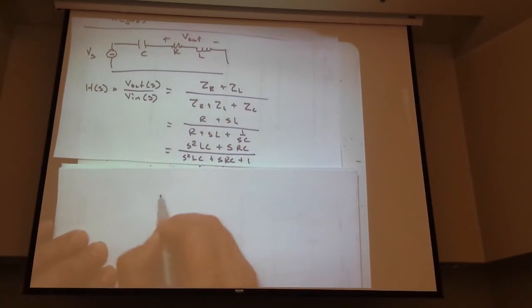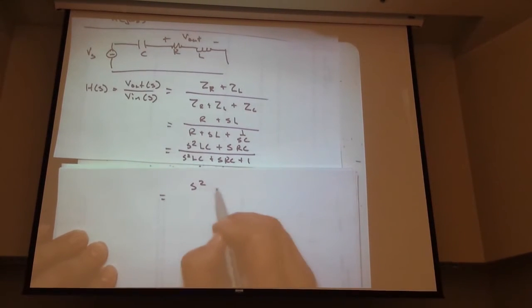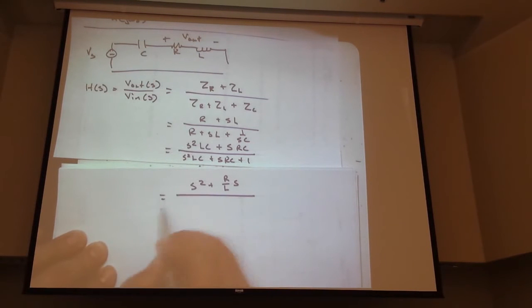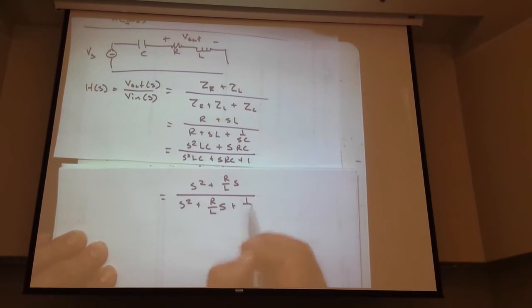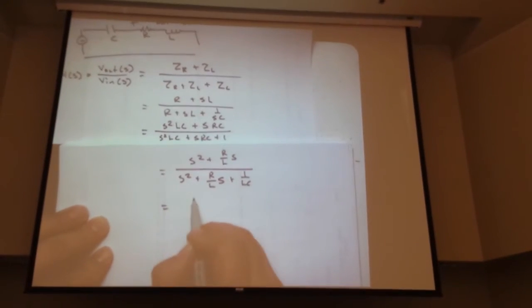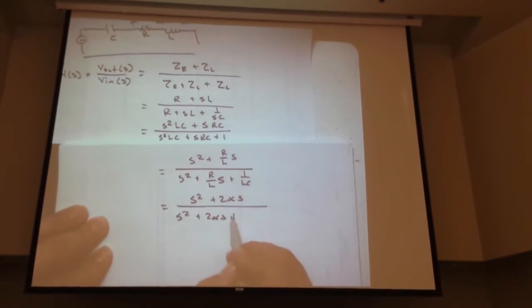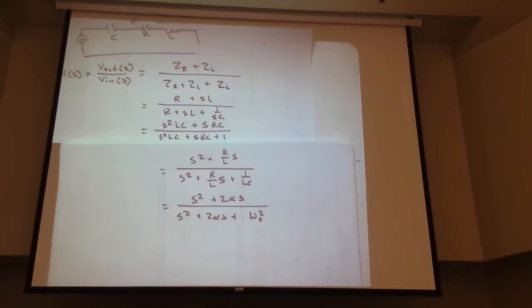And then one final step of algebra, S squared plus R over L S, which is 2 alpha, and then S squared plus R over L S plus 1 over LC. So effectively we wind up with S squared plus 2 alpha S, plus omega naught squared. So what does this look like?